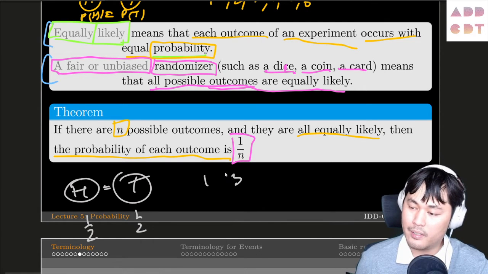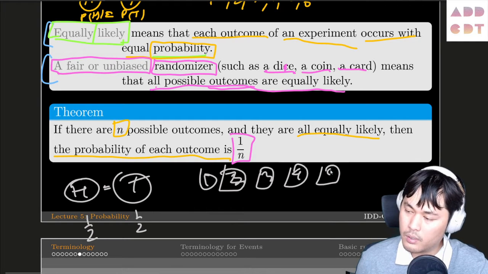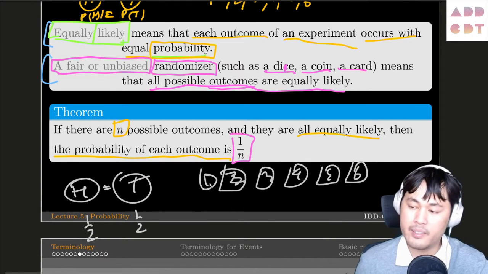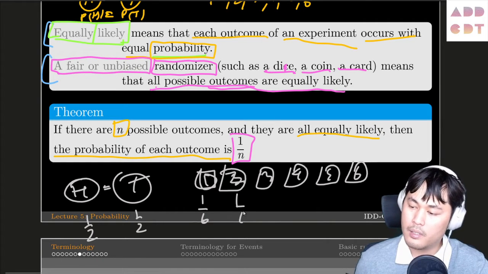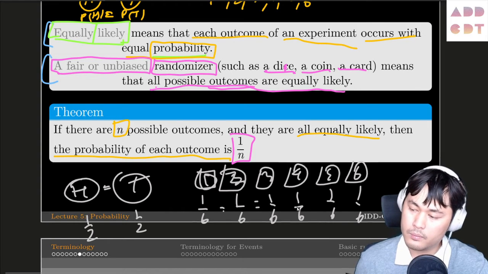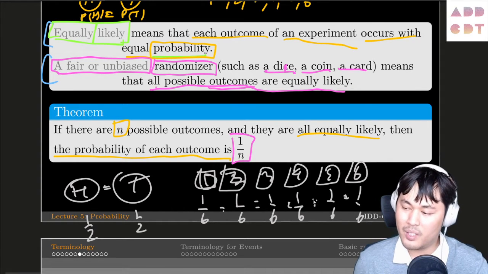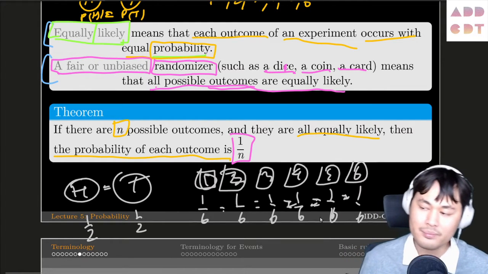If there are 6 sides on a single die, then the probability that a specific side shows up is gonna be 1/6. And this is what we should think about probability, the easy case.